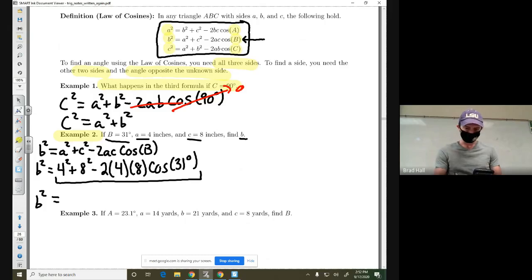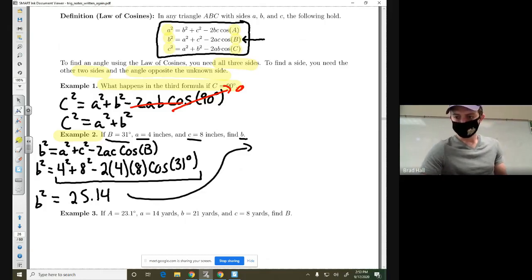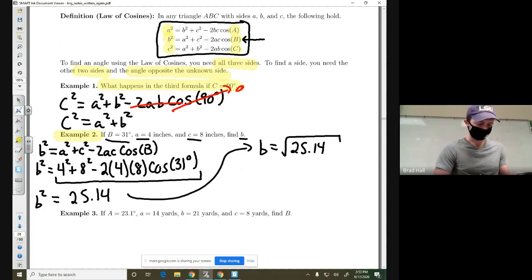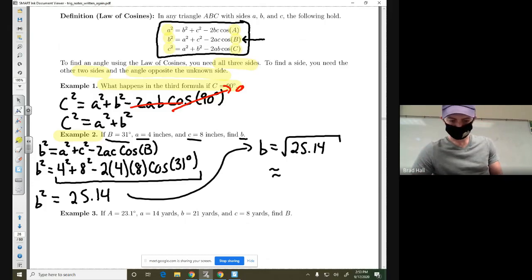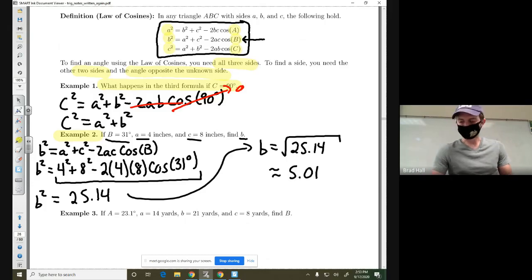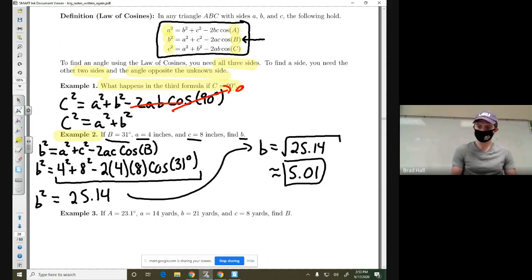If it's kind of close, that's fine by me. 25.14, that's good enough. And then b is the square root. So hopefully you all remember that from algebra. That's going to be close to 5, I bet. 5.01, that's fine. Inches, just to be technical.